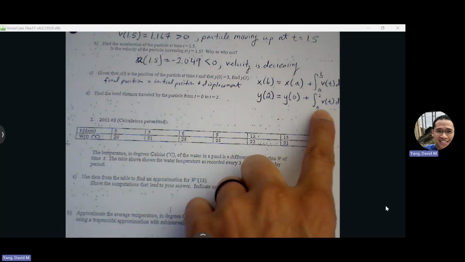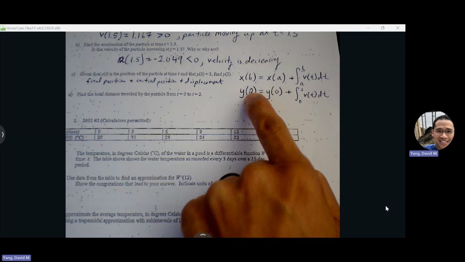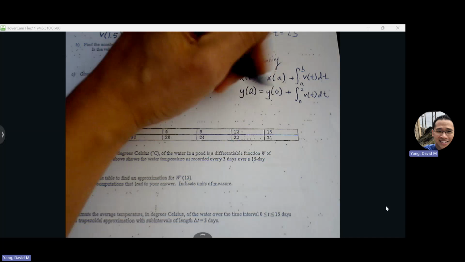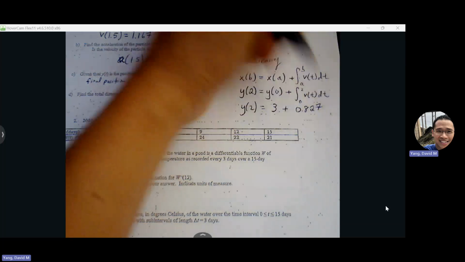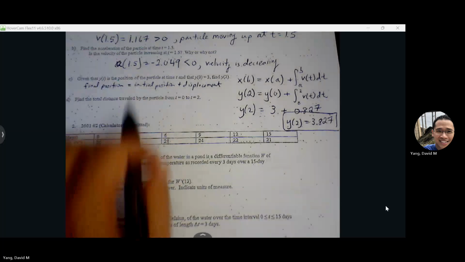Okay, so we get the displacement is 0.828. That just tells us how far we've gone, but it doesn't tell us where we ended up. Where we end up is going to be our starting location plus displacement. So our y of 2 is going to be starting location of 3, and then from there we're going to move to the right 0.828, and so we're going to end up at location 3.828.